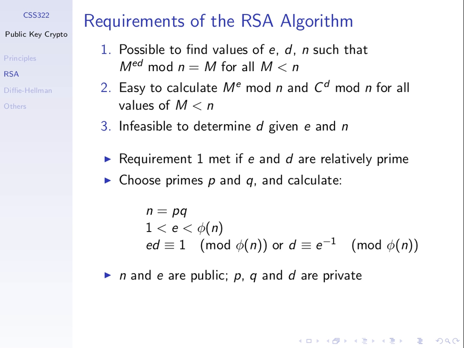And it should be hard to determine D given E and N. That is, for this to be secure, it should be hard for the attacker to find D, the private key, from E and N. We'll go through the attacks that the attacker can try in a moment. And our requirement was that E and D are relatively prime, multiplicative inverses of each other. And we got this algorithm for generating the keys.